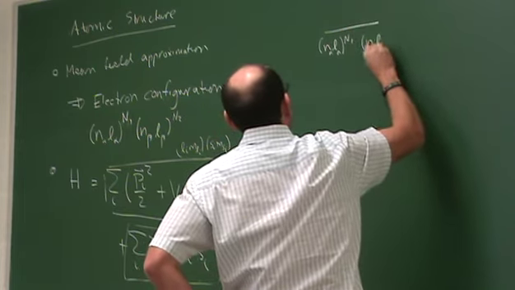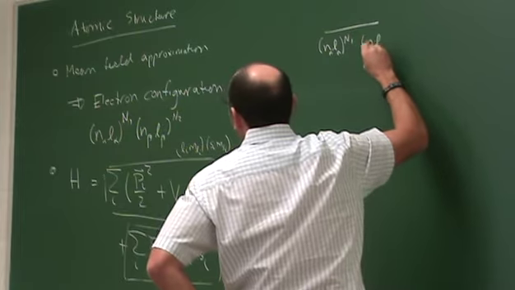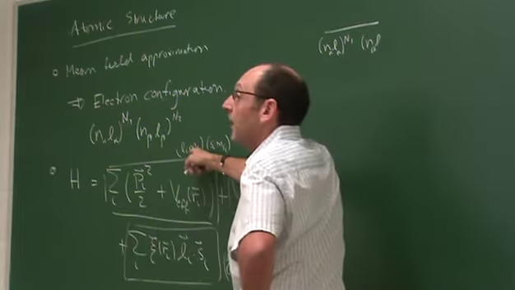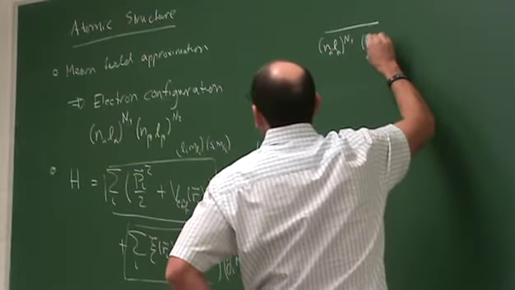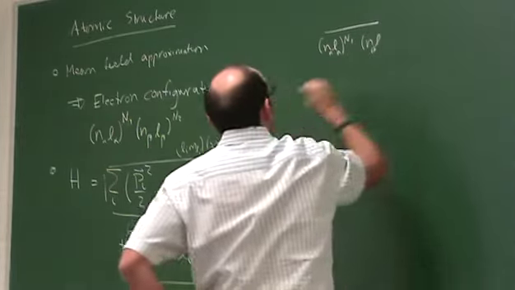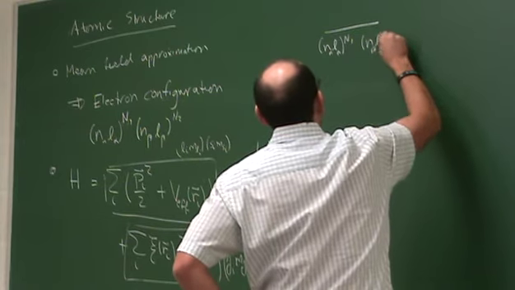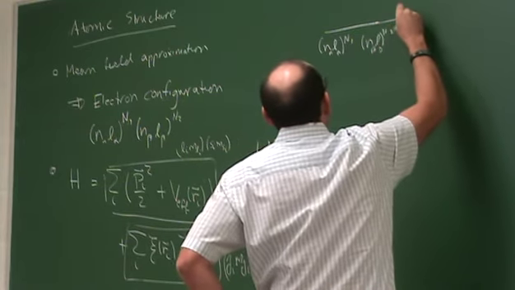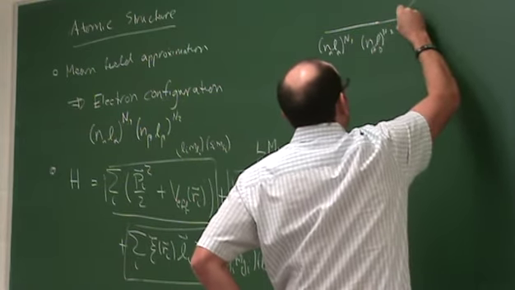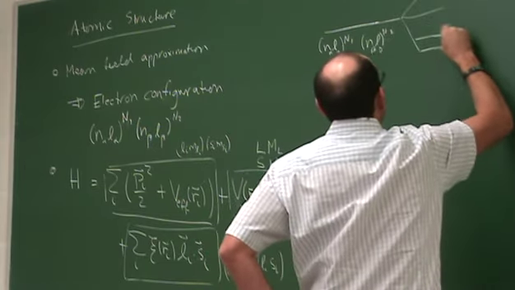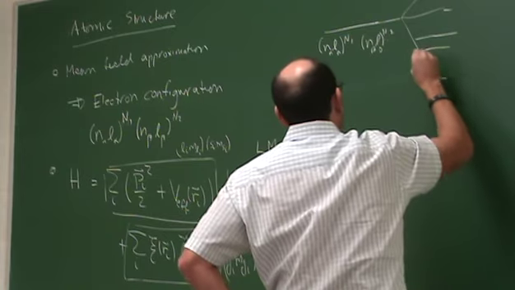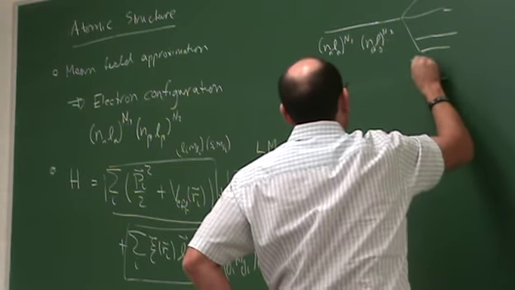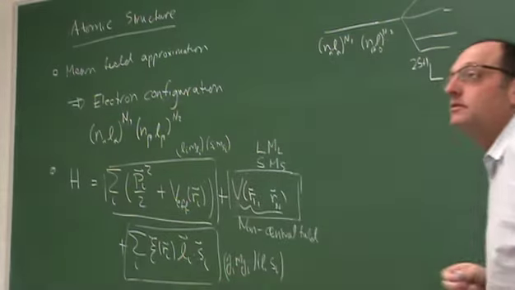And then the different configurations with different M sub L values and M sub S values are coupled together to give a total L and S. And that splits out to give us quantum numbers that we call capital L and the multiplicity 2S plus 1.